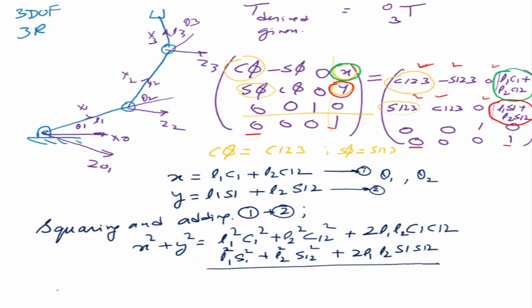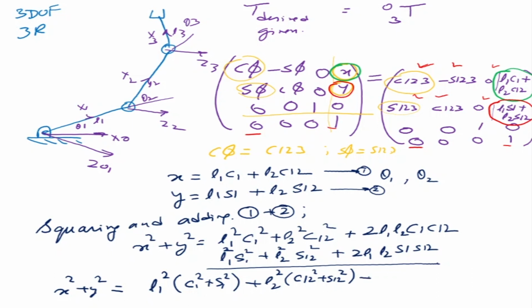Okay, once you add them, what you get: x squared plus y squared is equal to, so we have cos squared theta 1 plus sin squared theta 1. I can take L1 squared common, so L1 squared times cos squared theta 1 plus sin squared theta 1, plus L2 squared times cos squared(theta 1 + theta 2) plus sin squared(theta 1 + theta 2), plus twice L1 L2 times cos theta 1 cos(theta 1 + theta 2) plus sin theta 1 sin(theta 1 + theta 2).